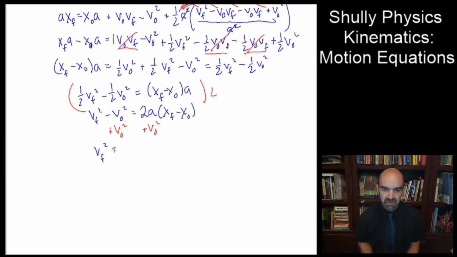Finally arrived at it: vf squared equals v0 squared plus 2a delta x. That is our useful equation number 3.